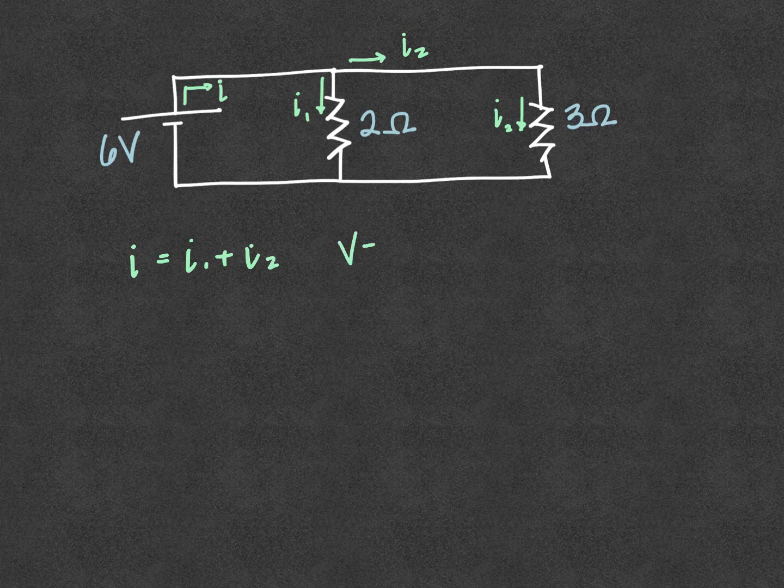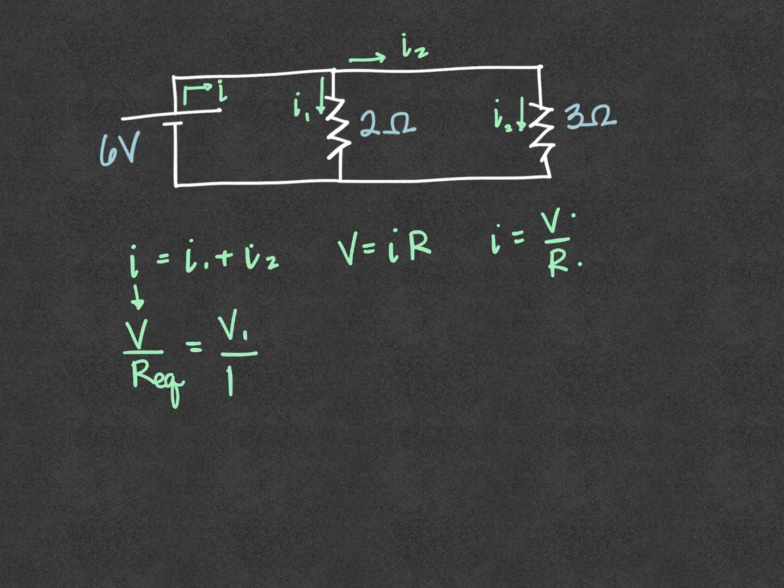Now if Ohm's law tells us that V is equal to IR, then I can substitute and say that I is equal to V over R. This would be the potential of the battery divided by the total or equivalent resistance. And then I1 would be V1 over R1 plus I2, again V over R, which would be V2 over R2.